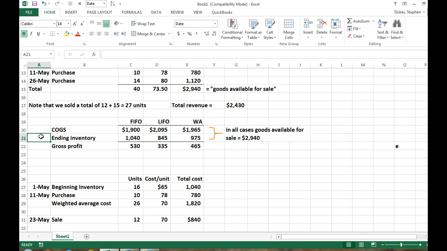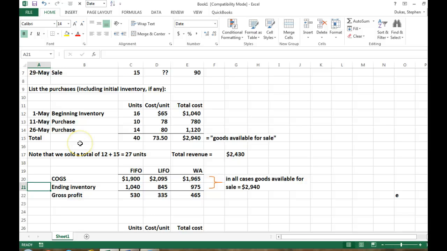So let's look at FIFO. Under FIFO, we're selling 27 units, but under FIFO, we're assuming we're selling from the beginning units or the very earliest units, and only then selling from the later units. So the first units I sell under FIFO are going to be these 16.